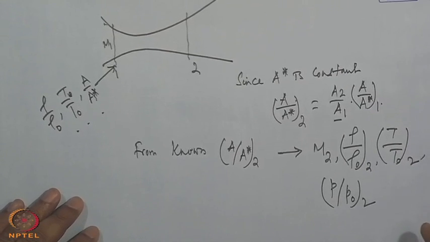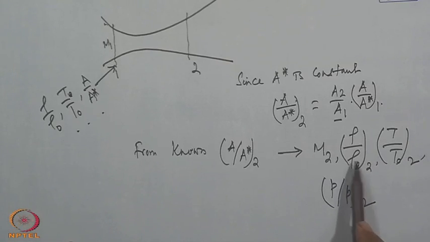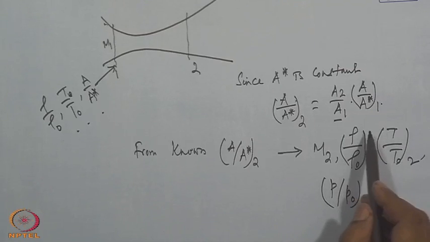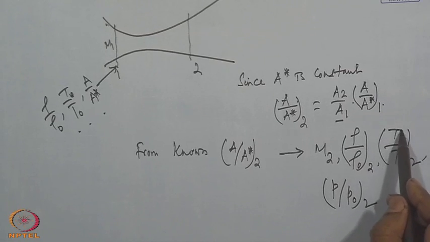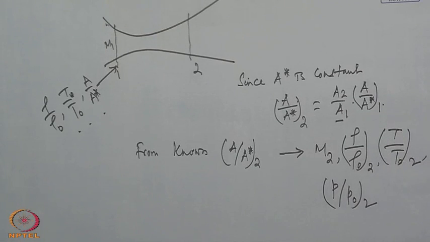And the flow being isentropic, P 0, T 0, rho 0, that is the stagnation quantities, are all constant, and hence all the properties at station 2 can be found.